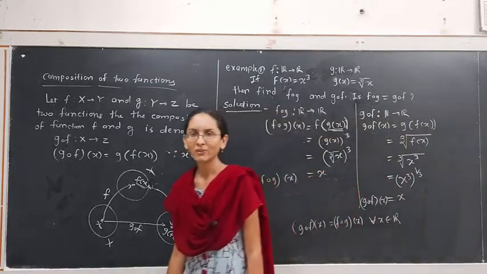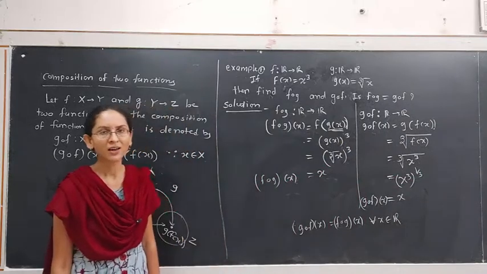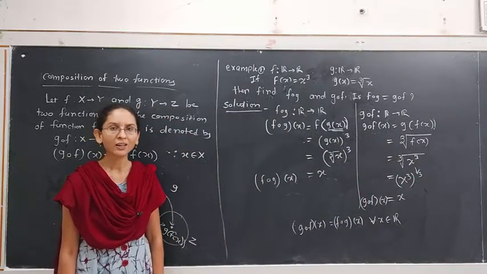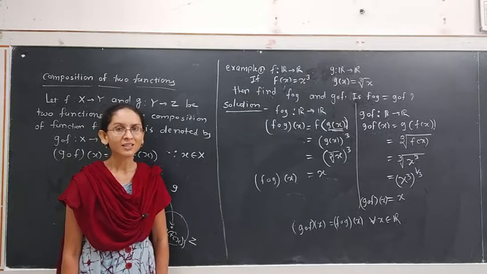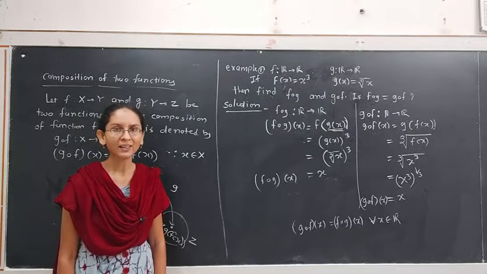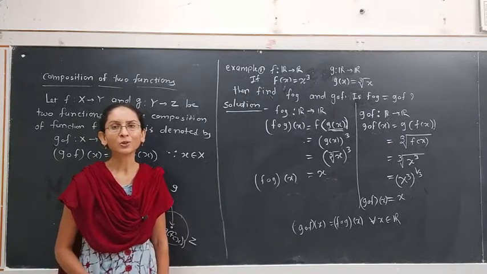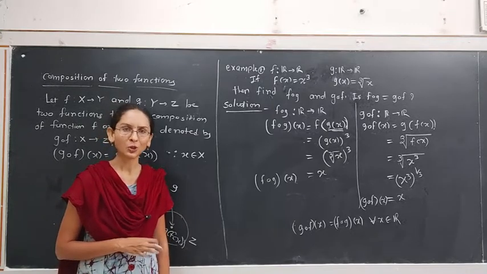What is the definition of equal functions? Two functions f and g are equal if their range is the same, and if they take the same value at each point of the domain set.